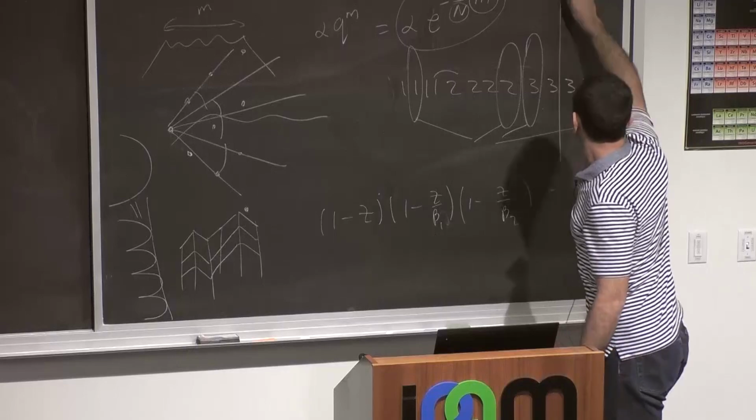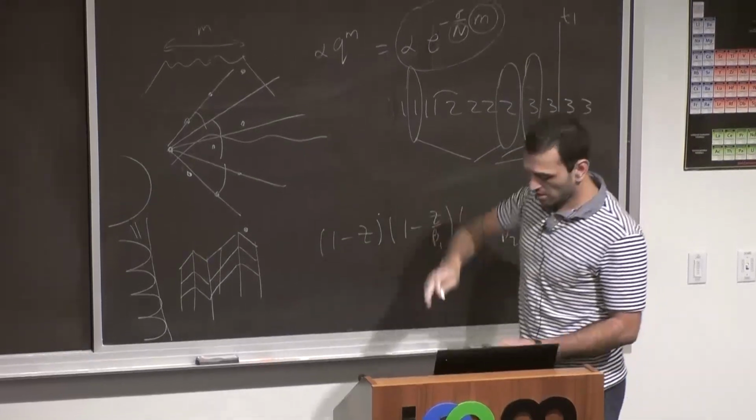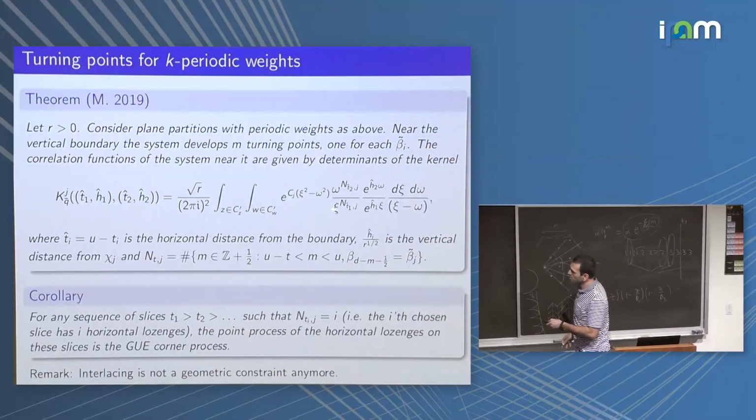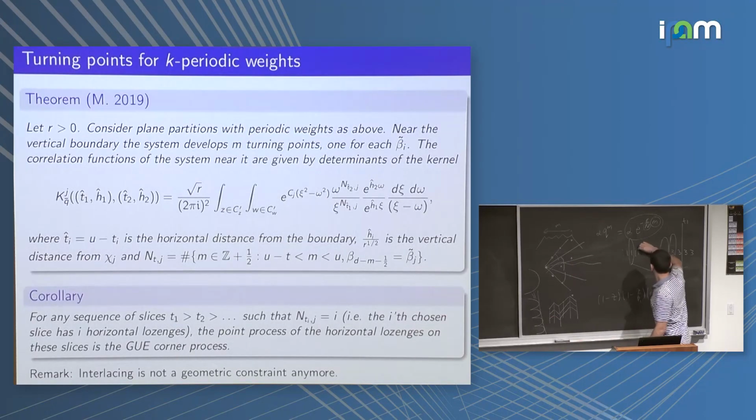So if you pick a position T1, instead of the exponent here being T1, it actually counts the number of different integers you have seen up to position T1. And again, as Rick noticed, the interlacing is not a geometric constraint. Asymptotically it ends up happening.